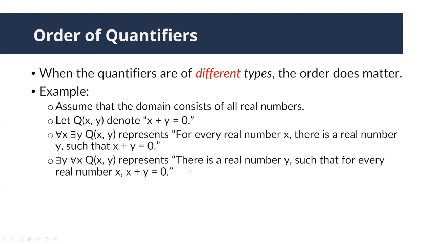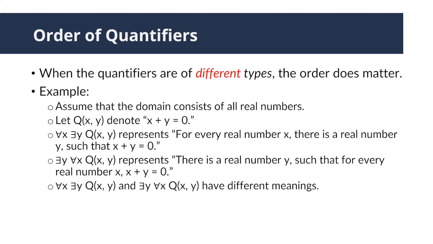But this one says there is a real number y such that for every real number x, x plus y equals 0. You cannot find such a real number y to make this true. Therefore, this one is false. So you can see these two, after you swap the positions of the quantifiers, even have different truth values.